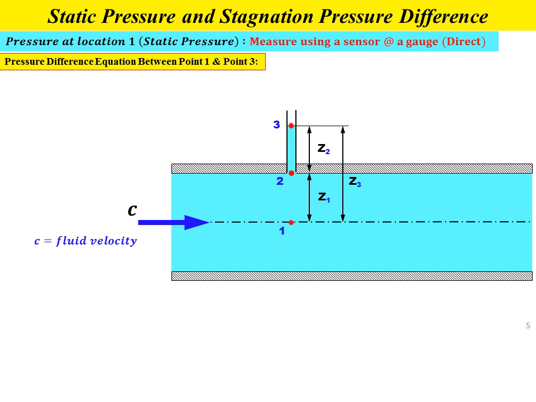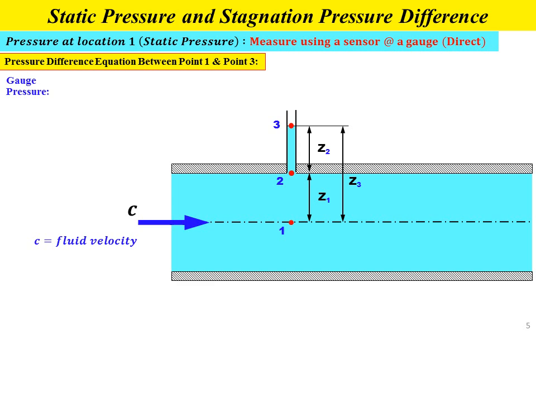Okay, by manipulating the pressure difference equation between point number 1 and point number 3, we will get the formula for the static pressure of the fluid at point number 1, which is the static pressure at the center line of the pipeline.